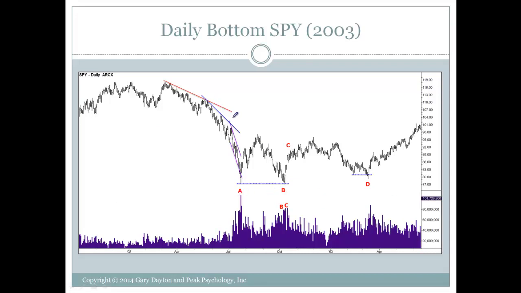And we've got the acceleration in the trend. We've got the humongous volume coming in. This is climactic action here. We actually have a spring at B, and as we came down, the volume started to diminish down here.